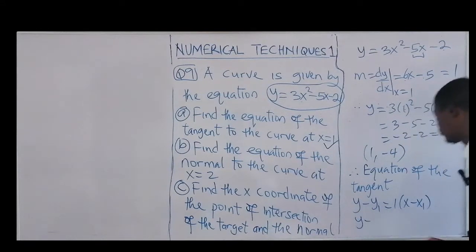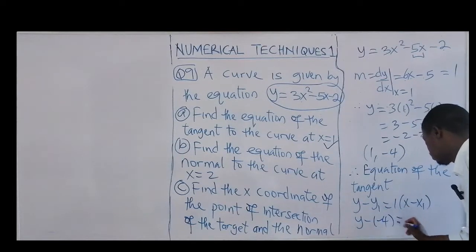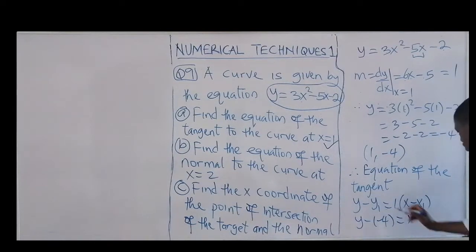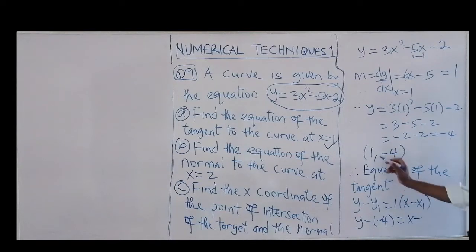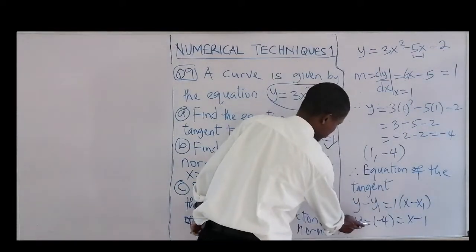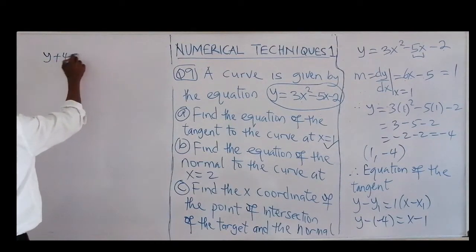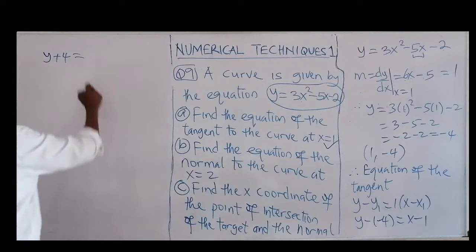That will be y minus, my y1 is minus 4, equal to x, open this bracket, minus x1, that's 1. Then open the brackets, do the expansion, minus minus is plus, that's y plus 4 equal to x minus 1.